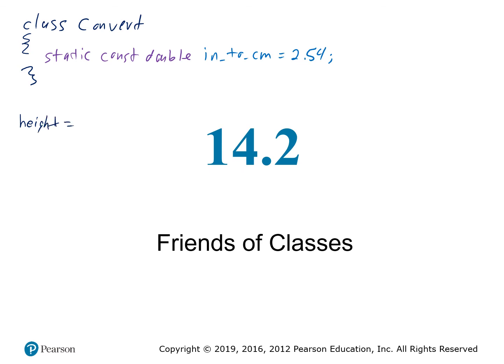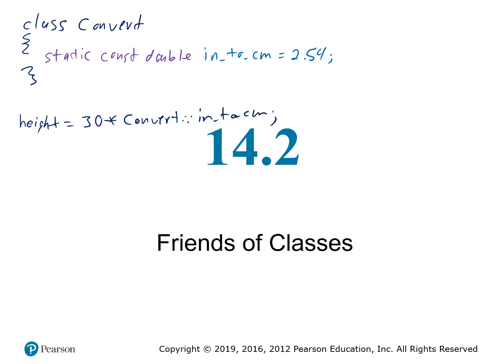Okay, and then later in my code I can write height of my chair or whatever equals, if my chair is 30 inches off the ground or something like that, I can say height equals 30 times Convert::inchToCentimeter.